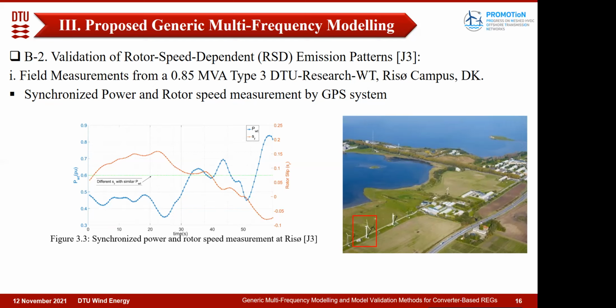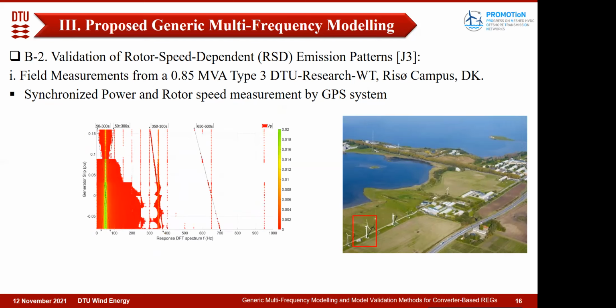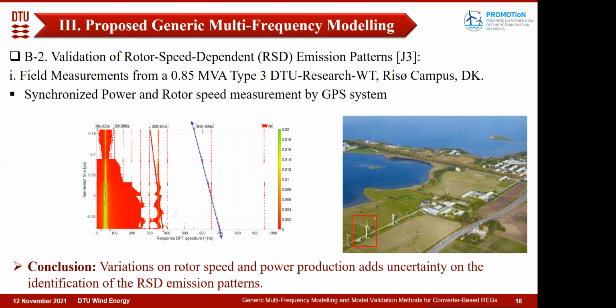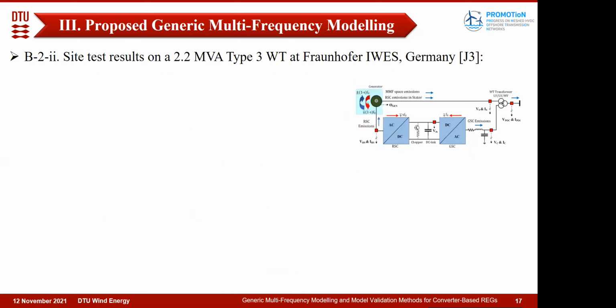So there are relations between the rotor speed and the frequency components. But there are some deviations and it's not a clean line, so you cannot rely on this result. It is better to also go for lab tests.